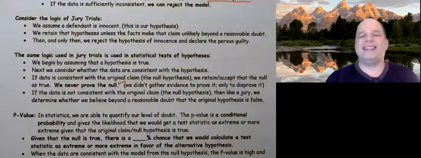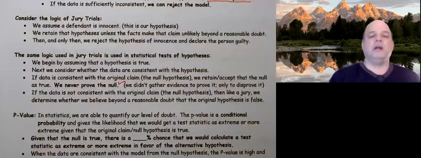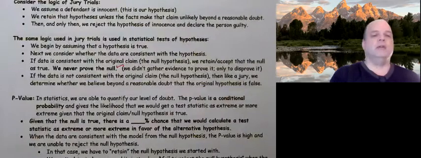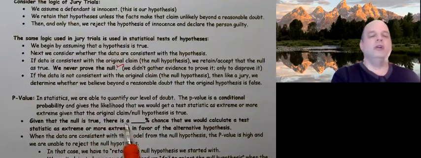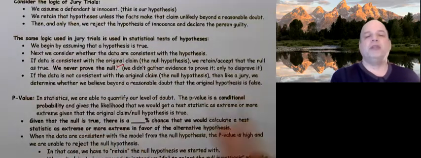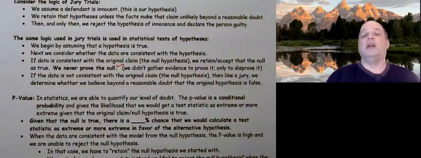That probably didn't make a lot of sense, but for the time being, let's go with that, and we'll talk about it in more detail in just a moment. So here's what our statement would be about the p-value: given that the null is true, there's a 1% chance we'd calculate a test statistic as extreme or more extreme in favor of the alternative.